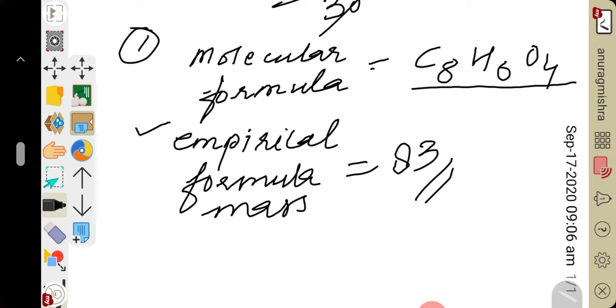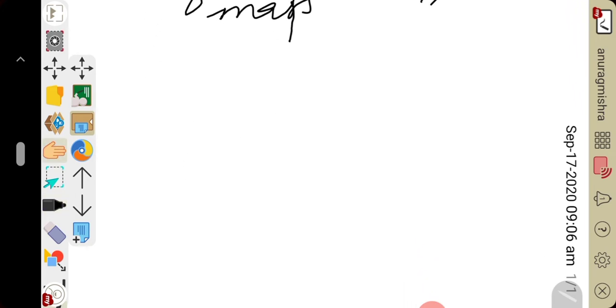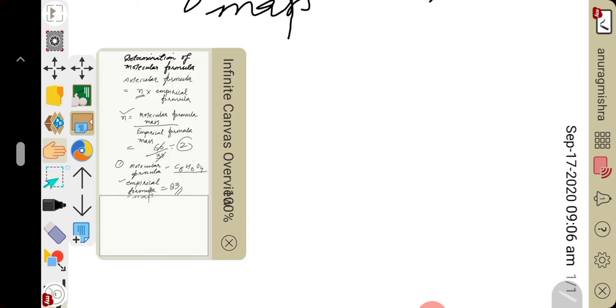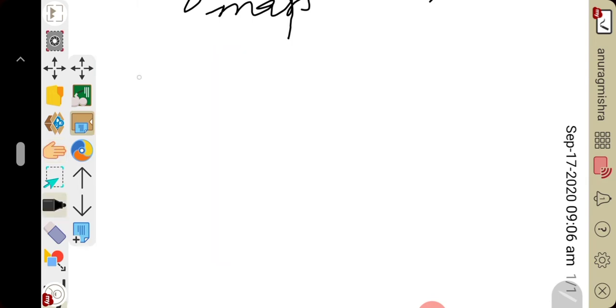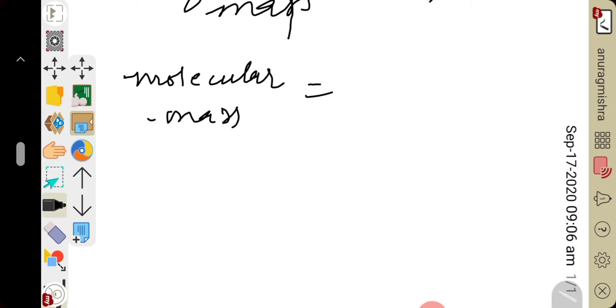Very easy. What will you do? First of all, you have to find out the molecular formula mass. The molecular formula mass will be equal to the mass of 8 carbon, because the molecular formula is C8H6O4.